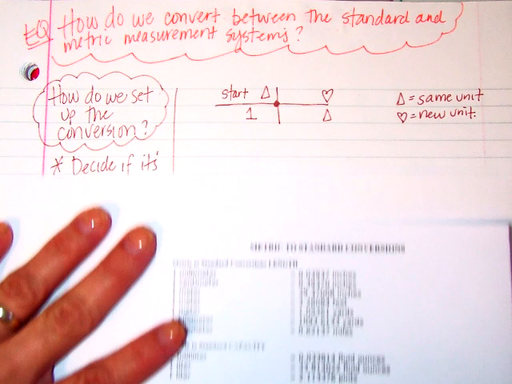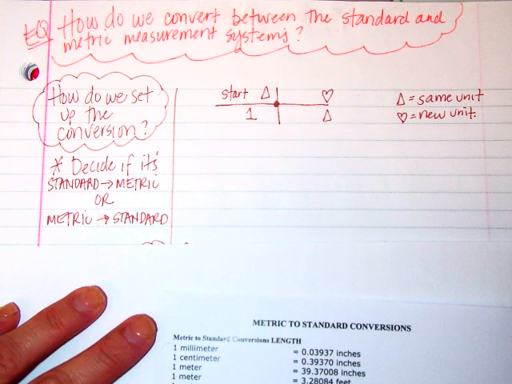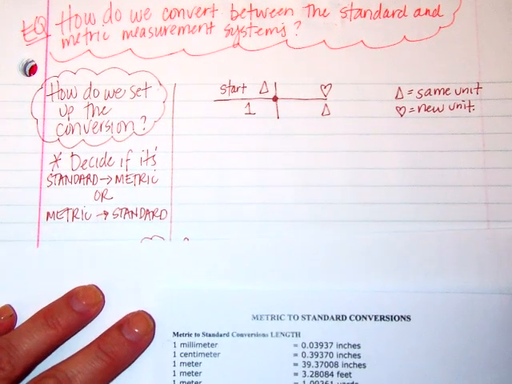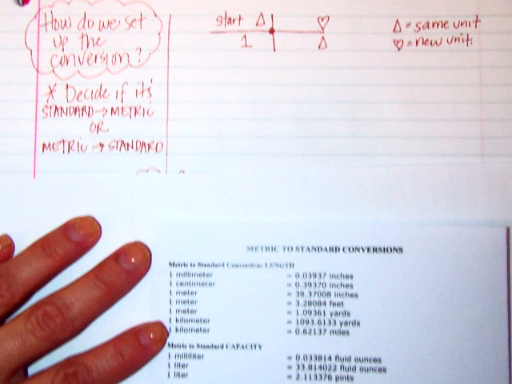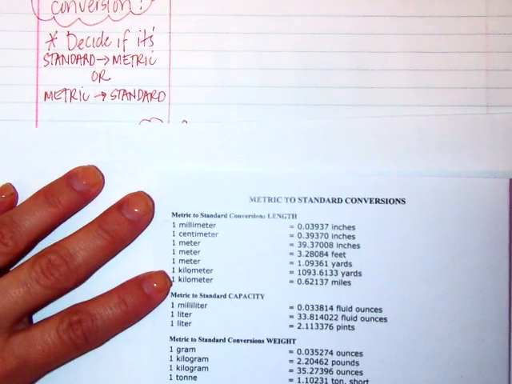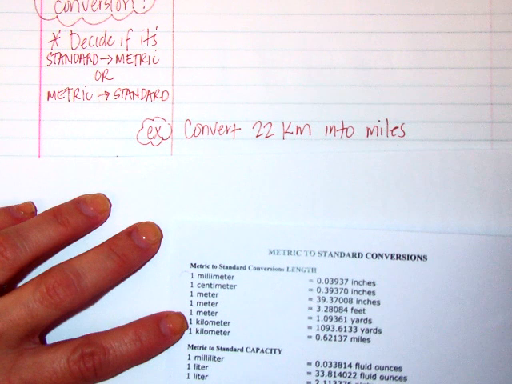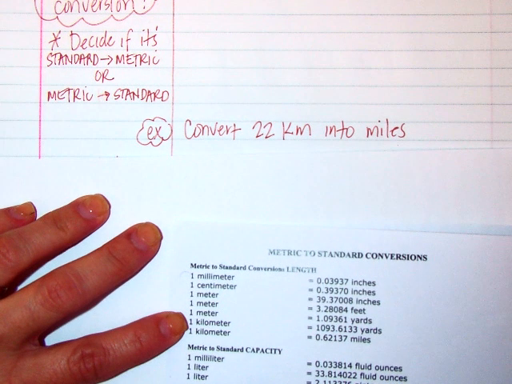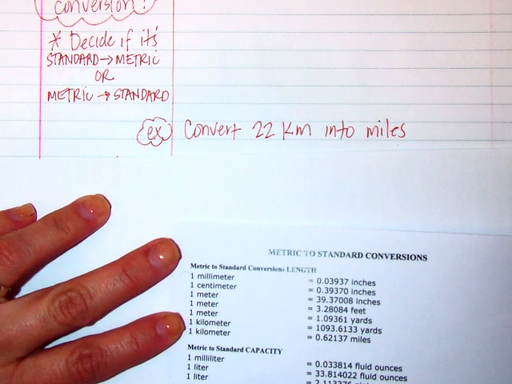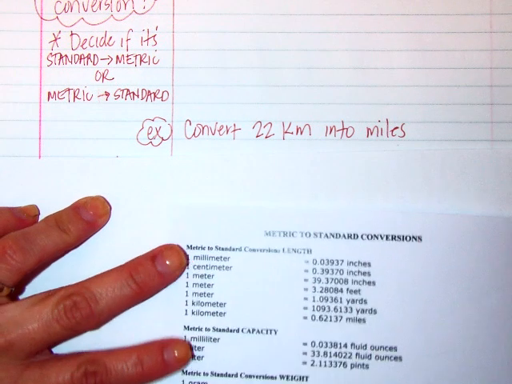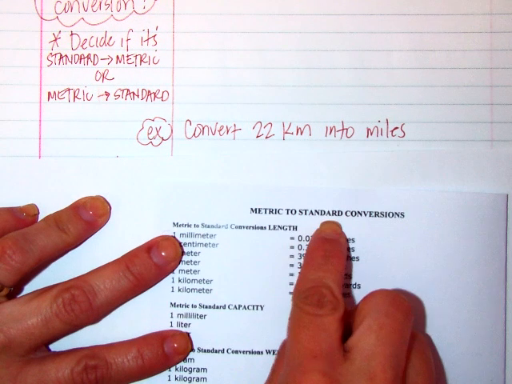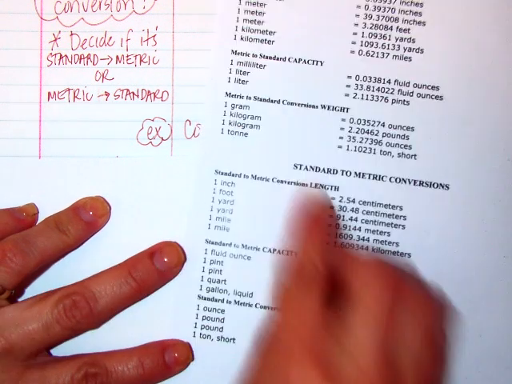You have to first, when you look at your problem, decide if you're going to be dealing with standard to metric or metric to standard, just by looking at your problem. So our first problem here is to convert 22 kilograms into miles. So first you need to decide, is that from metric to standard, or is it from standard to metric, okay?